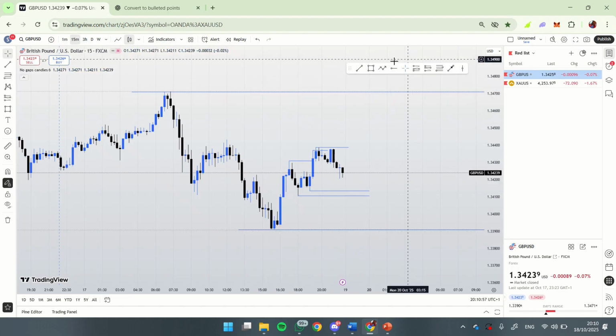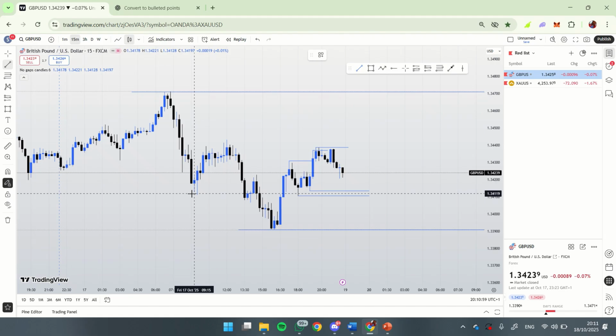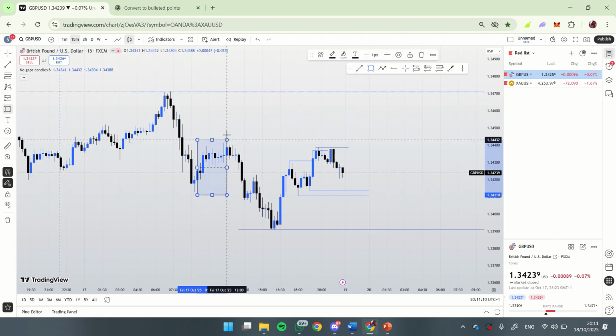Because we have a swing right here. Let me put a box so that you see. This is a swing right here, but I think just by a pip it has been mitigated. This has been mitigated and everything here has been mitigated.